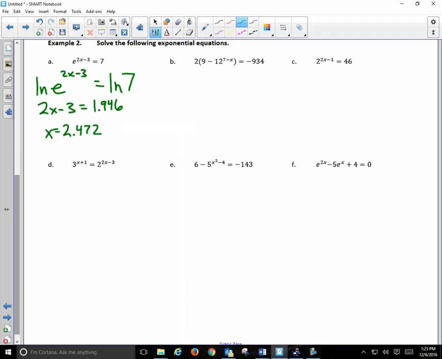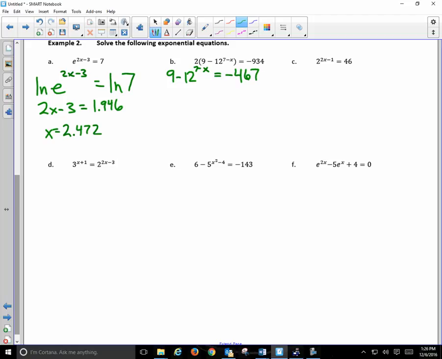Not too bad, huh? Next one looks tricky, doesn't it? What should we do first? You could distribute the 2. I would rather divide the 2 off. If I divide the 2 off, I get 9 minus 12 to the 7 minus x is equal to negative 467. What is the next step?